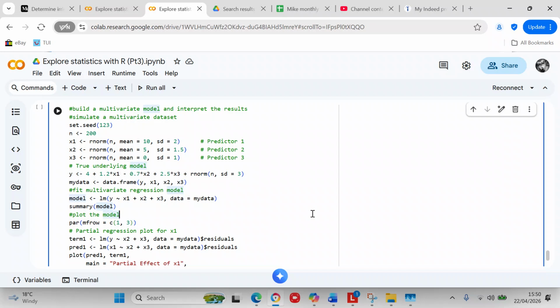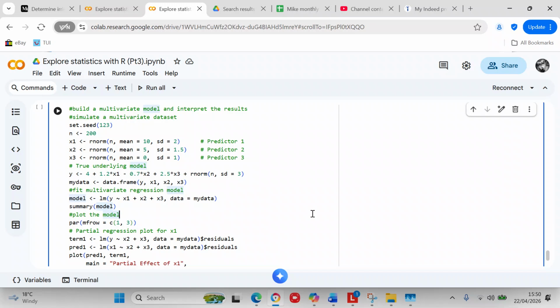So x1 is a randomly sampled normal distribution of 200 samples with a mean of 10 and a standard deviation of 2. x2 is a randomly sampled normal distribution of 200 samples with a mean of 5 and a standard deviation of 1.5. And x3 is a randomly sampled normal distribution of 200 samples with a mean of 0 and a standard deviation of 1. And there you have predictors 1, 2, and 3.